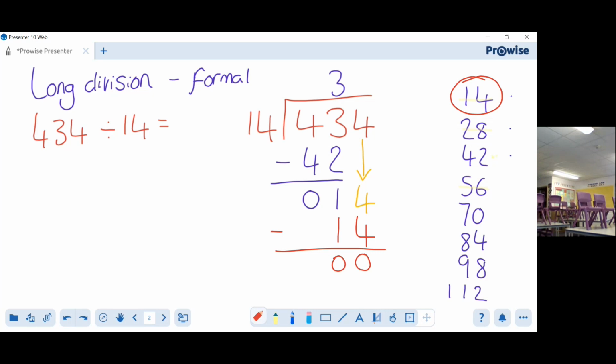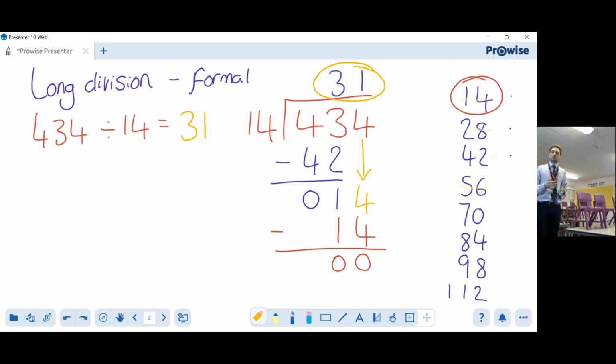That was one lot of 14, so we put our 1 up there. And look at that, the answer is right at the top, staring you in the face. 434 divided by 14 is 31.